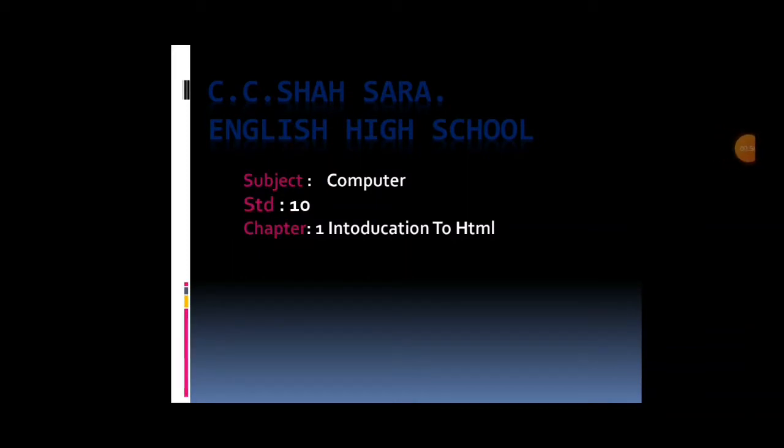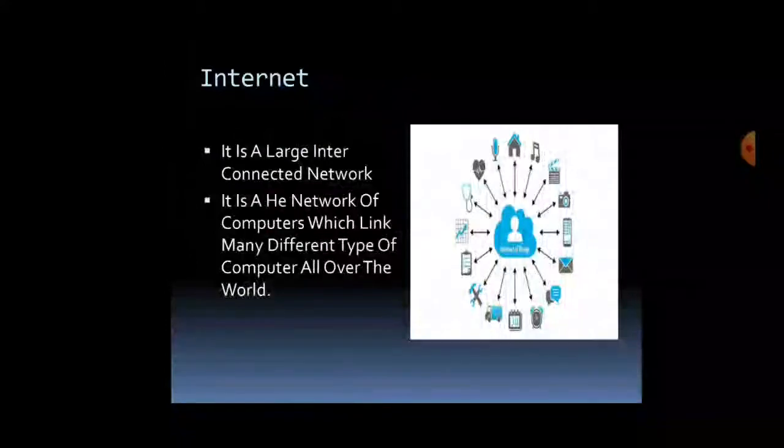Today's topic is the internet. The definition of the internet: the internet is a connection of two or more computers that are linked in order to share resources, exchange files, or allow electronic communication. And next is the definition of a network. But what is the use of the internet?